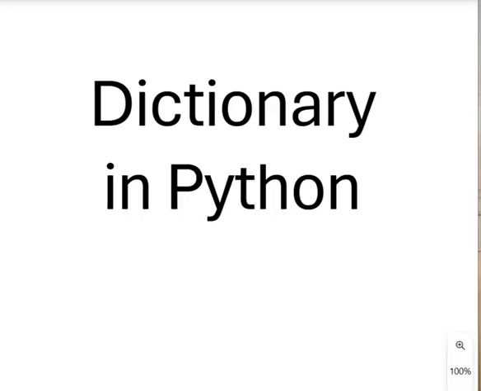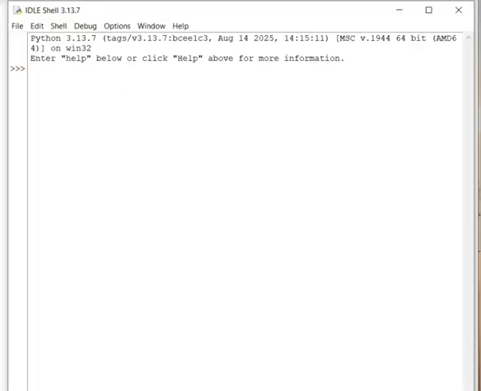So we will see how we will define a dictionary in Python. In order to define a dictionary, I use a variable name d1, and we use curly braces in order to define the dictionary, and we define each key and value pair.